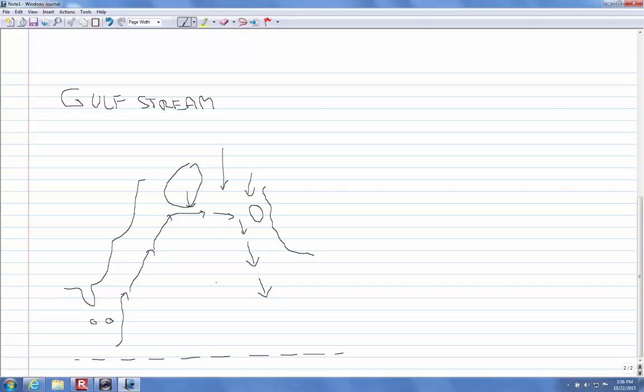So that flow is a clockwise flow starting in the Caribbean, comes up across by Greenland, all that cold water hits it and causes it to flow south. And it's fairly strong.